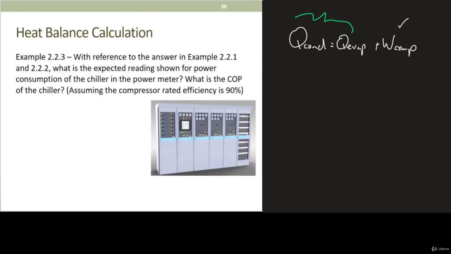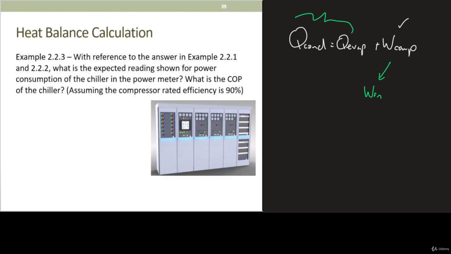So let's look at the previous two examples. Using the answers you get in the previous two examples, you are able to find out what is your WCOM. And remember, for work done by the compressor, we are usually more interested in what is the power input, because power input is what you actually pay.